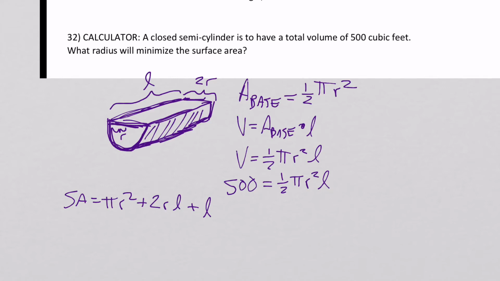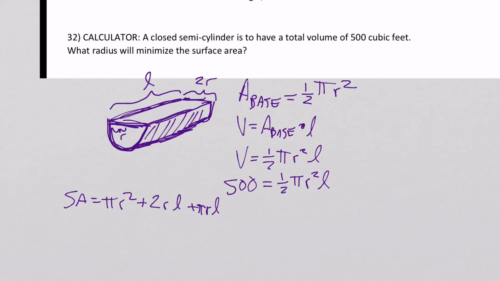So this last bit needs to be pi r times L, pi RL. Okay. So we have a surface area equation, and we're trying to minimize it, which means we need to graph the surface area equation.